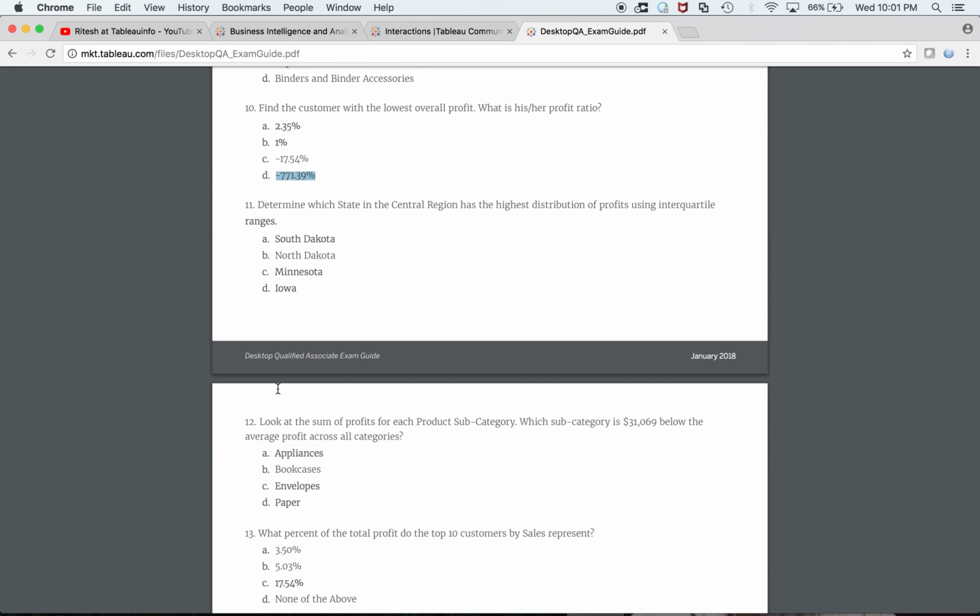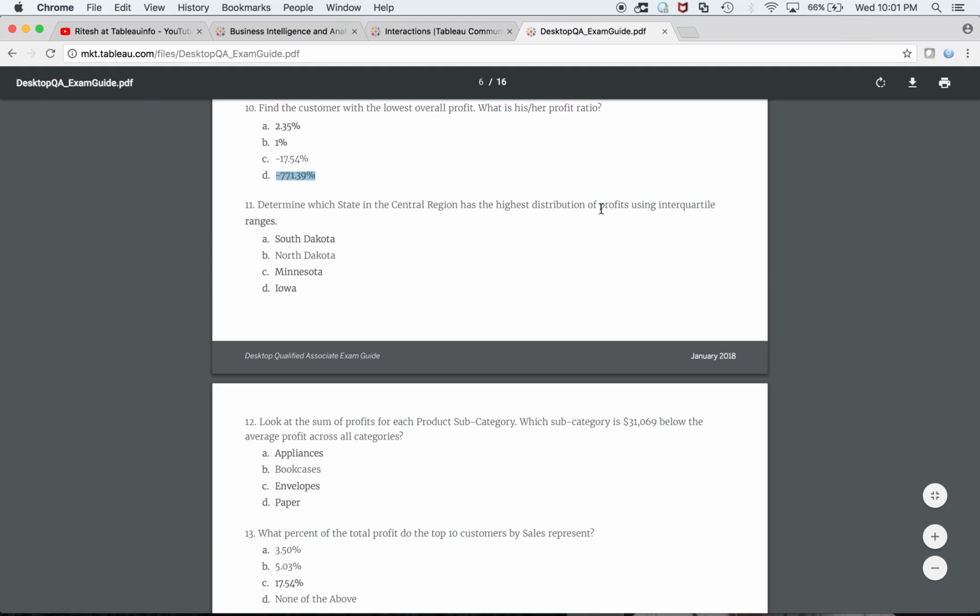Question number 11, determine which state in the central region has the highest distribution of profit using. Okay, they are also telling you which graph that you need to make use of. State, we need state and region.